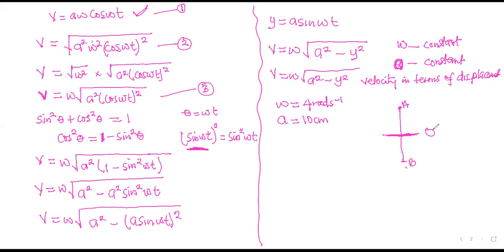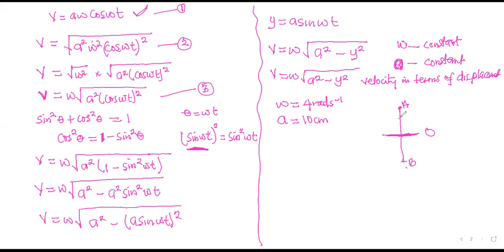II, the velocity at the extreme ends A or B. And III, the velocity at a point 6 centimeter from O.